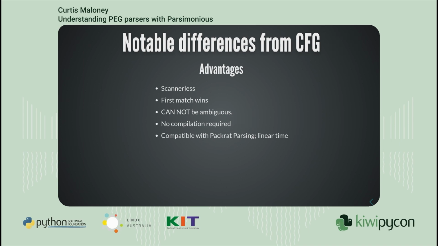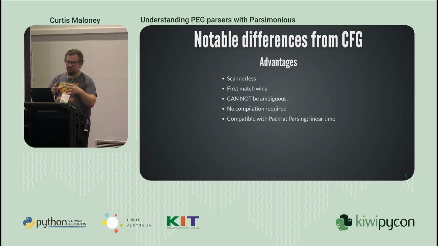It's able to tokenize and analyze syntax in one pass, which just makes things a little bit easier. It has the advantage of being unambiguous. There is only one way that a PEG parser will interpret any given document. It is simply because the first match wins, which is something we have to pay attention to later on, but we'll get there.